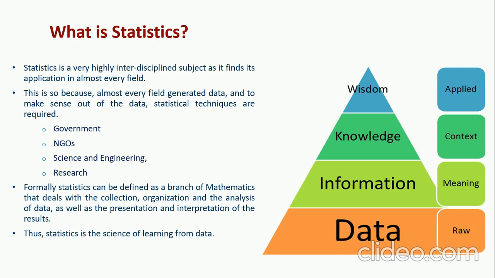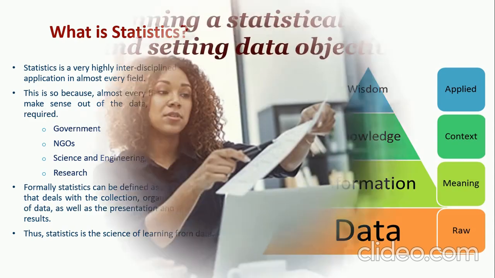Raw data is collected, it's analyzed, and we get the meaning of the data, and thereby at the end of the day we get information, and that information is turned into knowledge which will at the end of the day be applied to make decisions, and that's making wisdom.